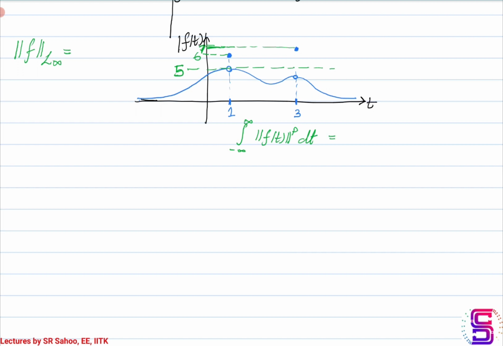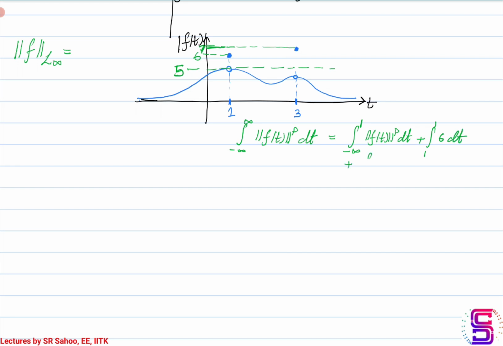Then this is nothing but, let's say, the integral from minus infinity to 1 of norm of f of t to the power p dt plus the integral from 1 to 1, because there is a discontinuity there. It is taking the value 6. I'll directly put 6 to the power p dt.